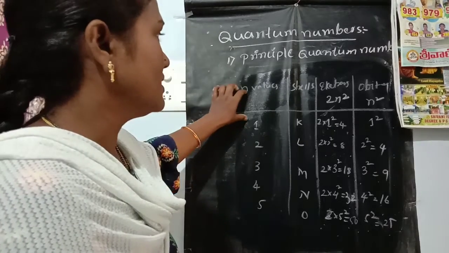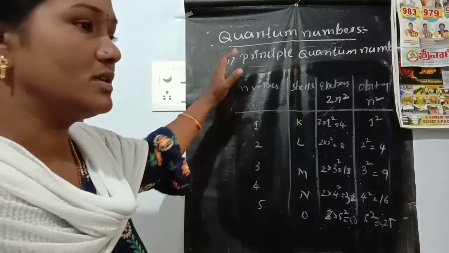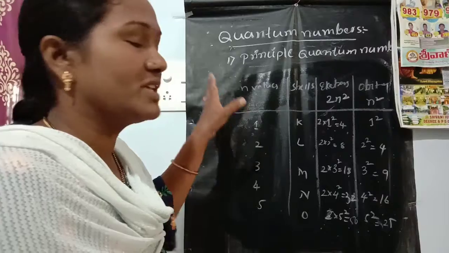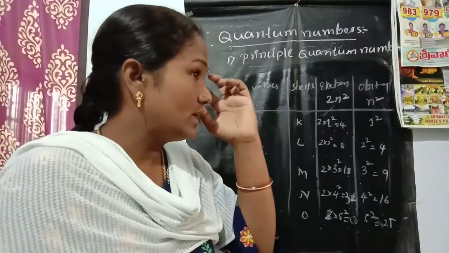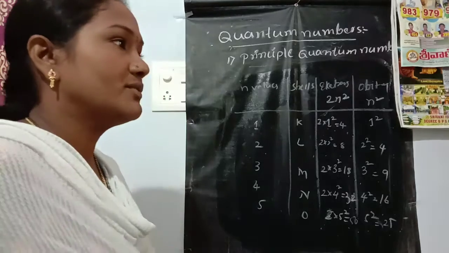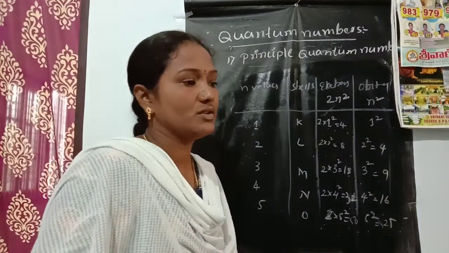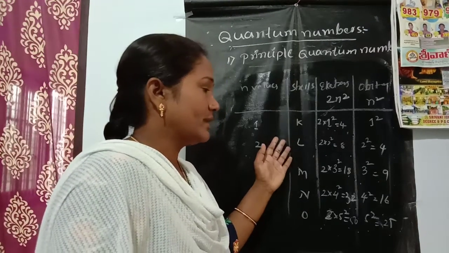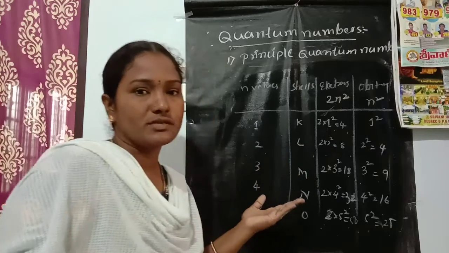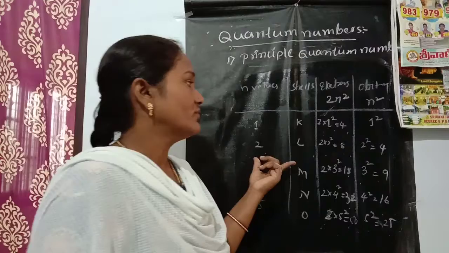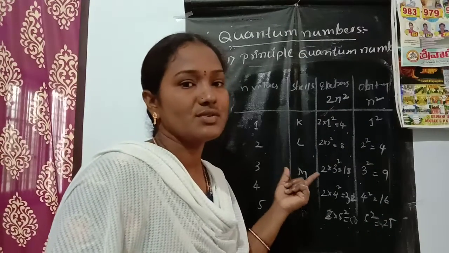The principal quantum number is proposed by Niels Bohr, denoted by small n. The n values are K, L, M, N or 1, 2, 3, 4. The maximum number of electrons present is 2n square, and the maximum number of orbitals is n square. As n values increase, size and energy also increase.